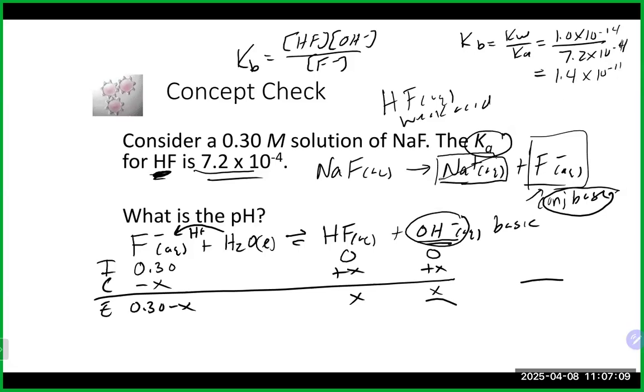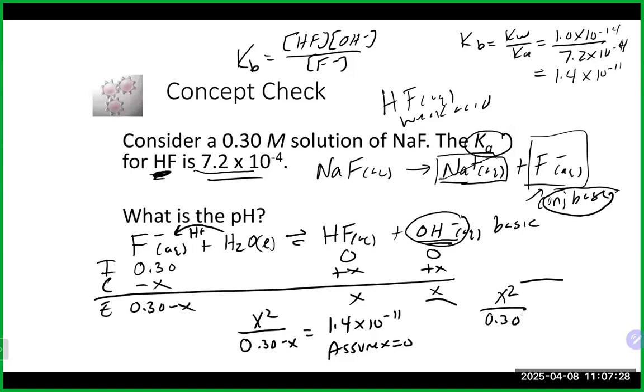So now that we have the correct K value, we're going to go basically x squared divided by 0.3 minus x equals our Kb, 1.4 times 10 to the minus 11. We're going to assume x is equal to 0. And that would get us basically x squared divided by 0.3 equals 1.4 times 10 to the minus 11. We're going to multiply, then square root, right?